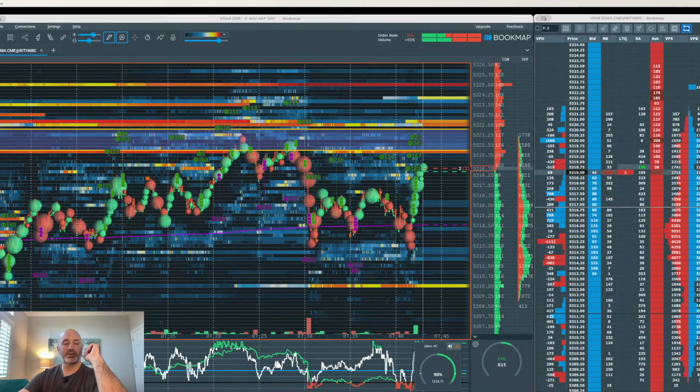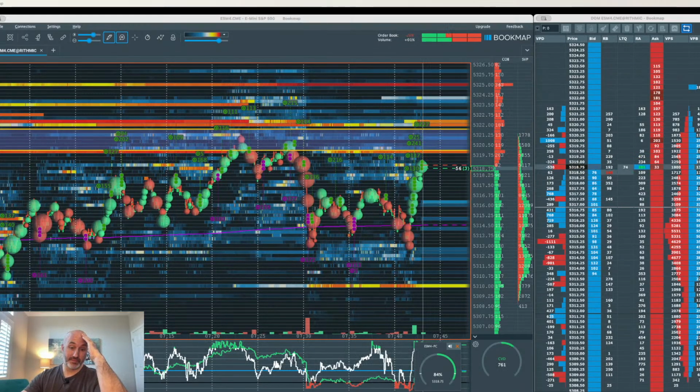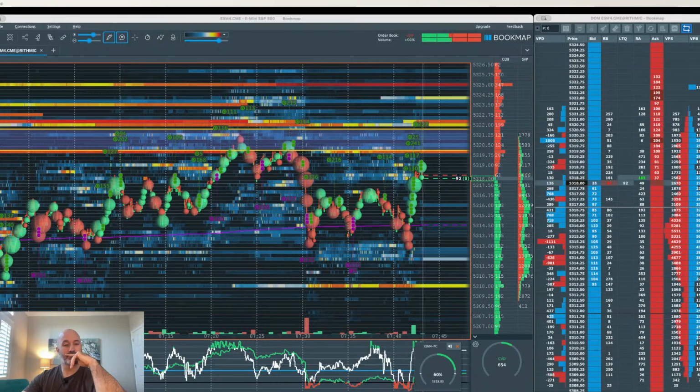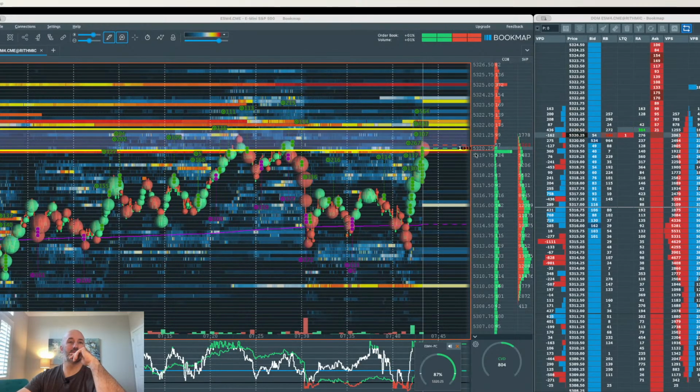All right, let me get out of the way. I took a small win on the ESM short. Sweep: ESM for CME buyers at 53.19. Sweep: ESM for CME buyers at 53.18. Look at all this movement. Look at all that volume.